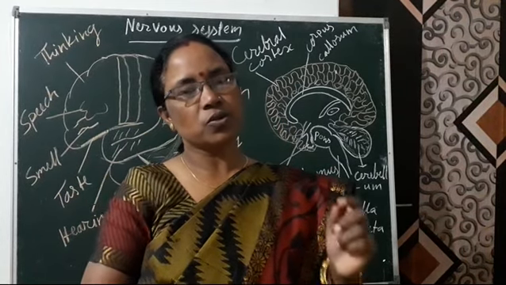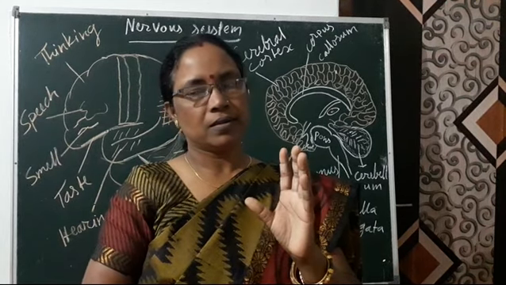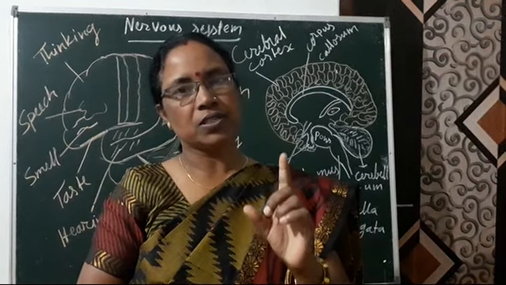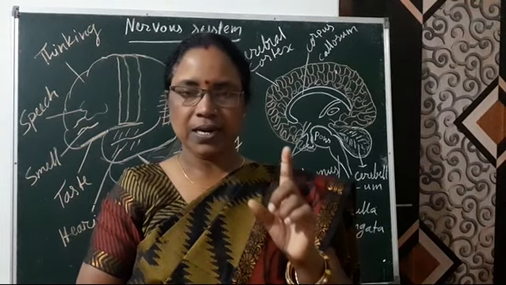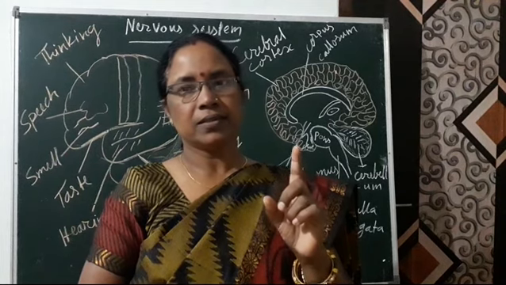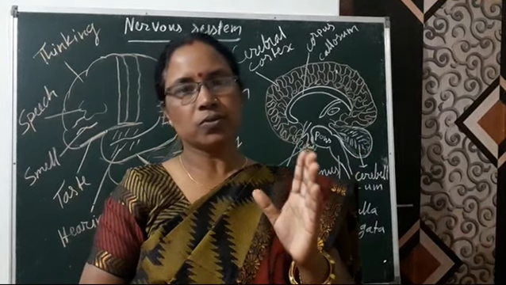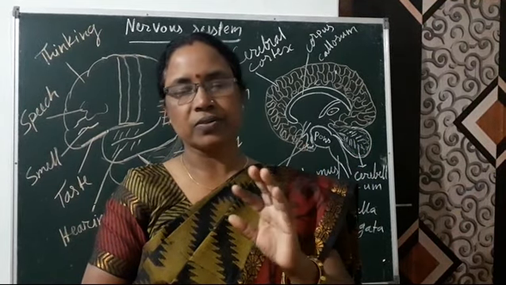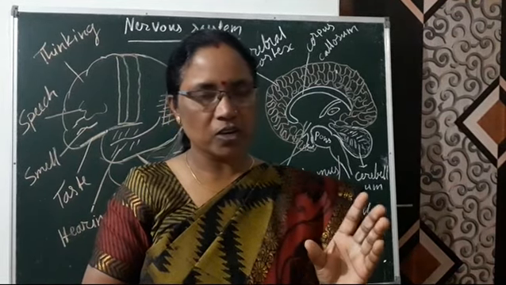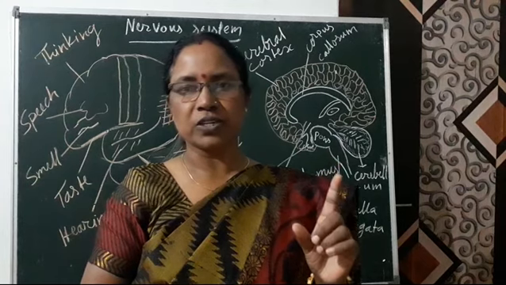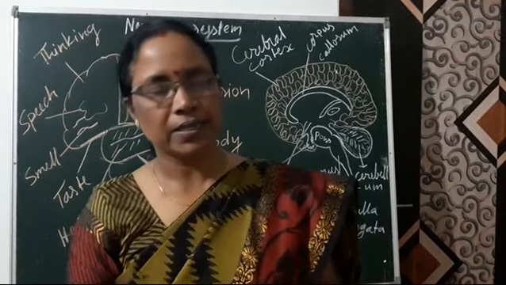It controls the movement of the internal organs. Example: heartbeat, breathing, and peristaltic movement. Any one example you can give. Unless you give the example, your answer is not completed. So please write: medulla oblongata controls the movement of internal organs like heartbeat, breathing, etc.